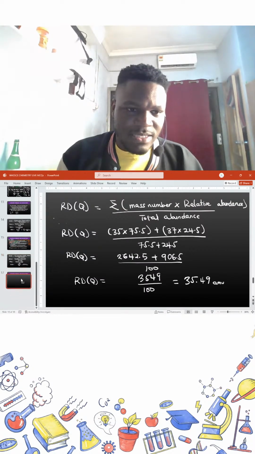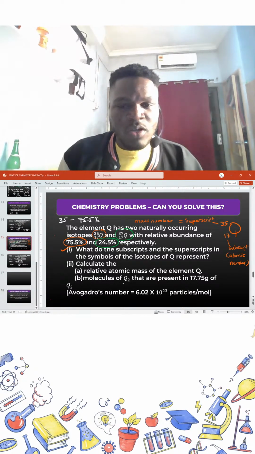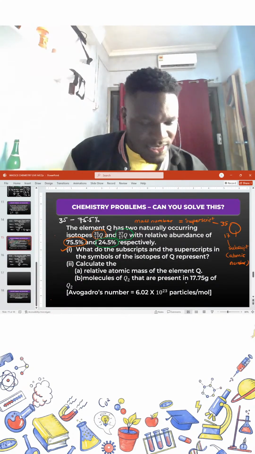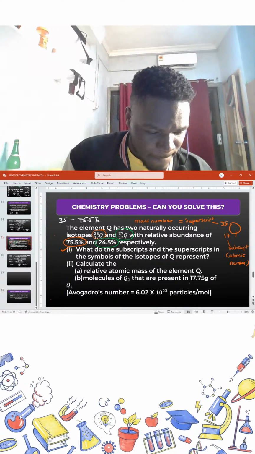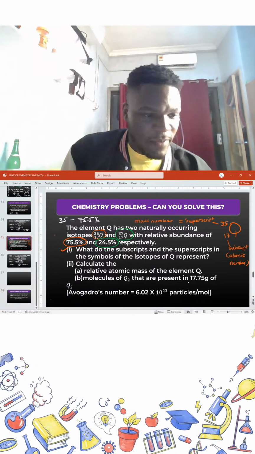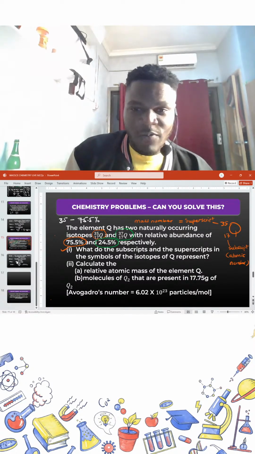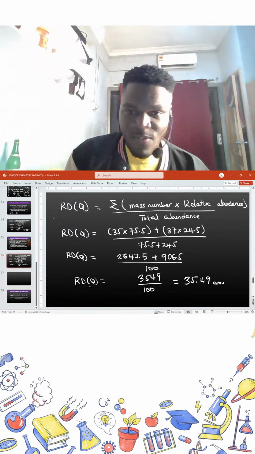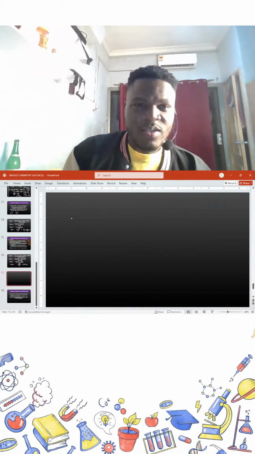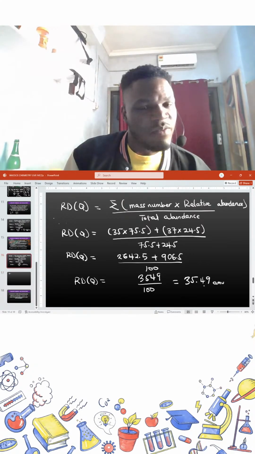Now for the next one, which is part II, the molecules of Q2 that are present in 17.75 gram of Q2. Now for that, we just calculated the relative atomic mass for Q. The relative atomic mass of Q is 35.49.